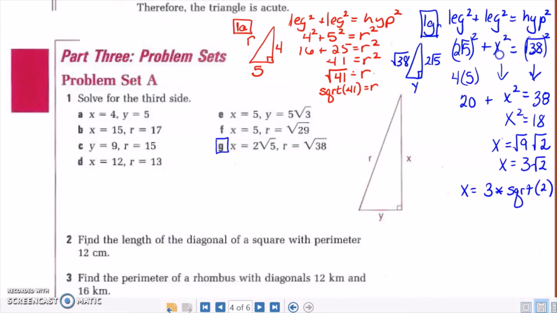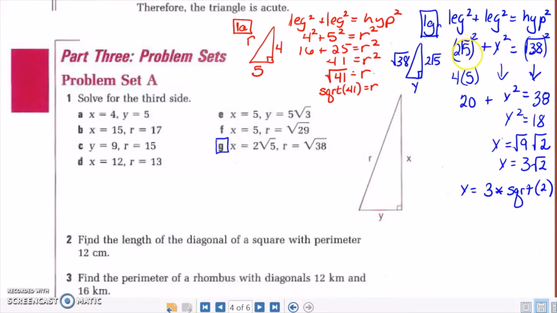So here we can set this up and substitute 2 square root 5 squared plus y squared equals root 38 squared. And when we did this in class, I just used x because that's what someone told me. But we can change that quickly. There we go.